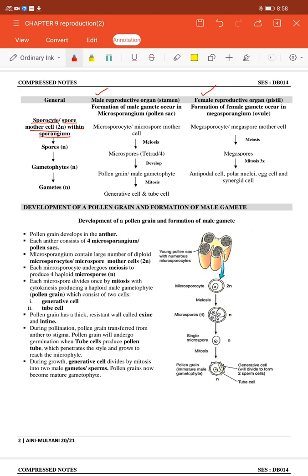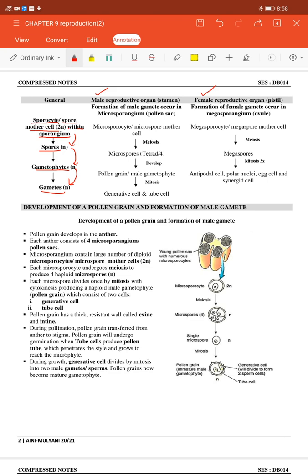A sporangium is basically a sac or a location where spores will develop. In that sporangium, it will undergo meiosis to produce spores, and the spores will undergo mitosis to produce gametophytes, and then develop to become gametes.